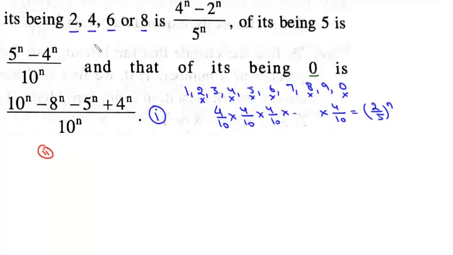Now the second one is chances of its being 2, 4, 6 or 8. Now if it is 2, 4, 6 or 8, then from these 10 numbers 1, 2, 3, 4, 5, 6, 7, 8, 9, 0, it should not have 0. It should also not have 5, and it should have at least one of 2, 4, 6 or 8.